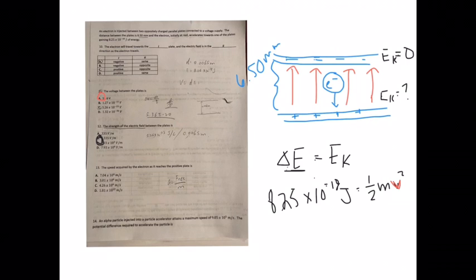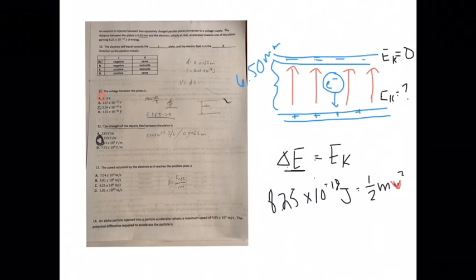Initially at rest, accelerates towards one of the plates, gaining that much energy, 1/2 mv squared. Did I have the mass of an electron wrong? 9.11 times 10 to the negative 31. Okay, so let's try that again. 8.25 times 10 to the negative 18. It's joules of energy, a change in energy.